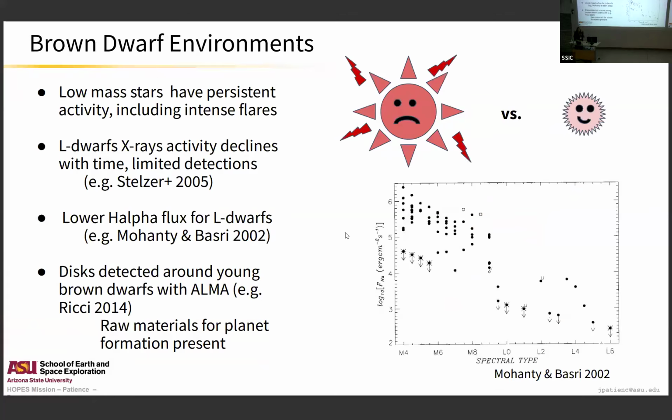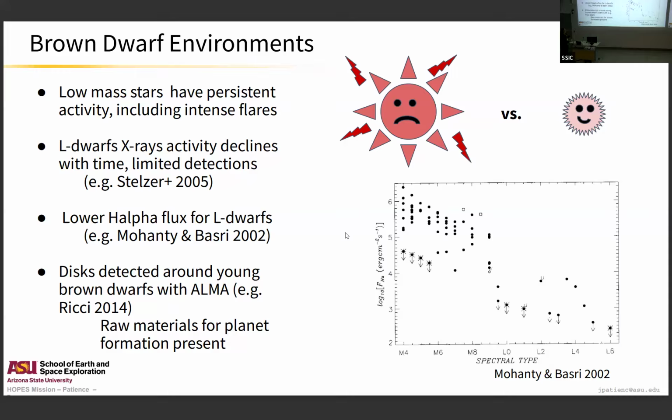All right. And so you can think about, well, what sort of physical properties might make L dwarfs an intriguing population? And here we see a brief comparison of what is thought to be a complicating factor for the atmospheres of the planets around M stars, that they have high levels of activity throughout their lifetimes, and intense X-rays.